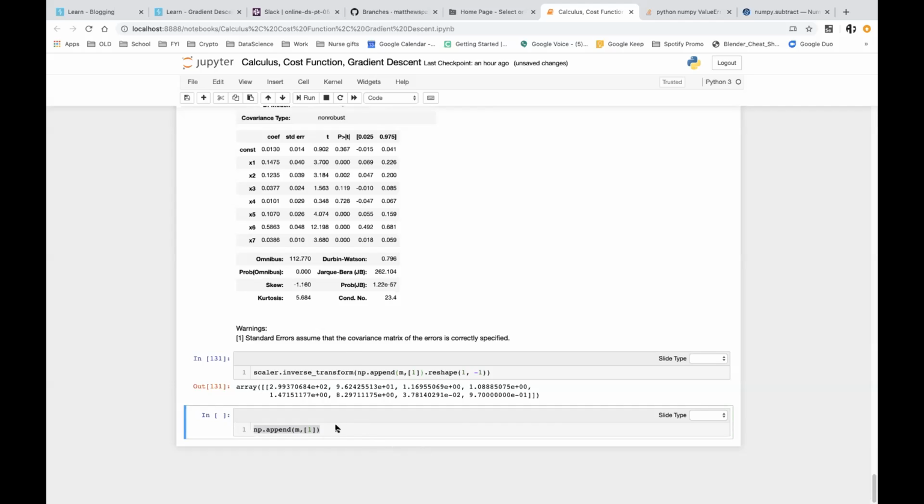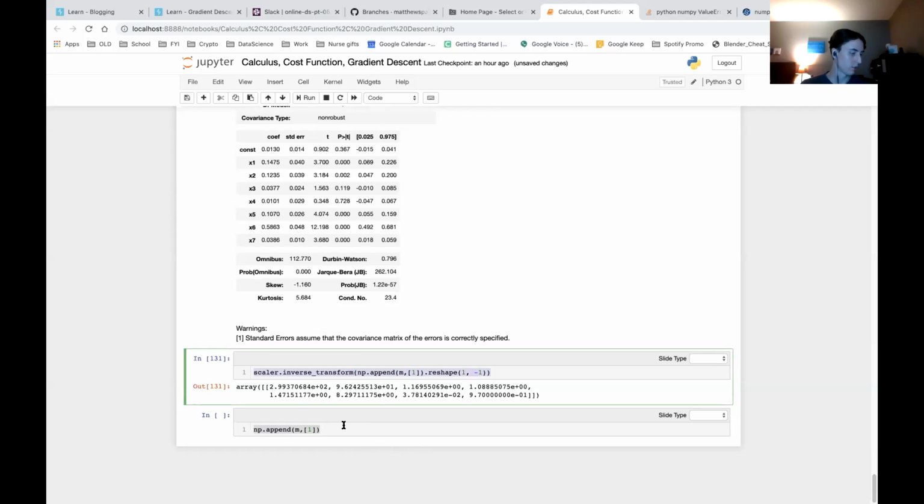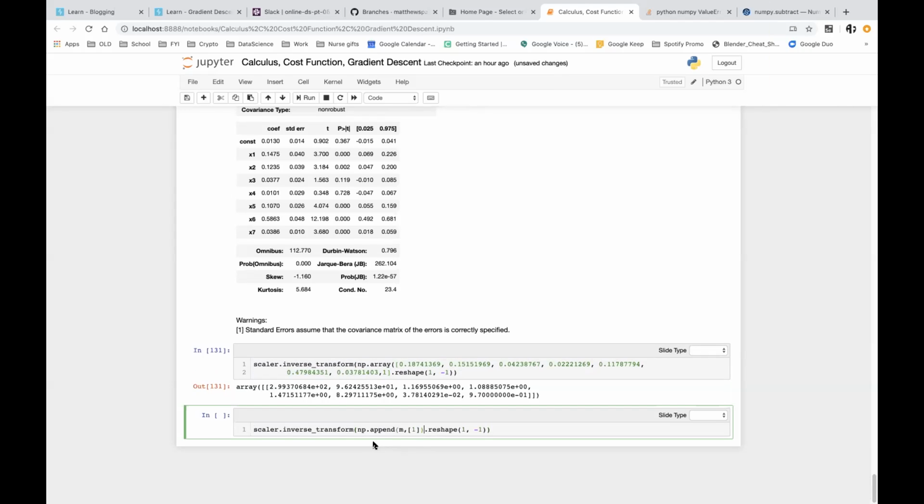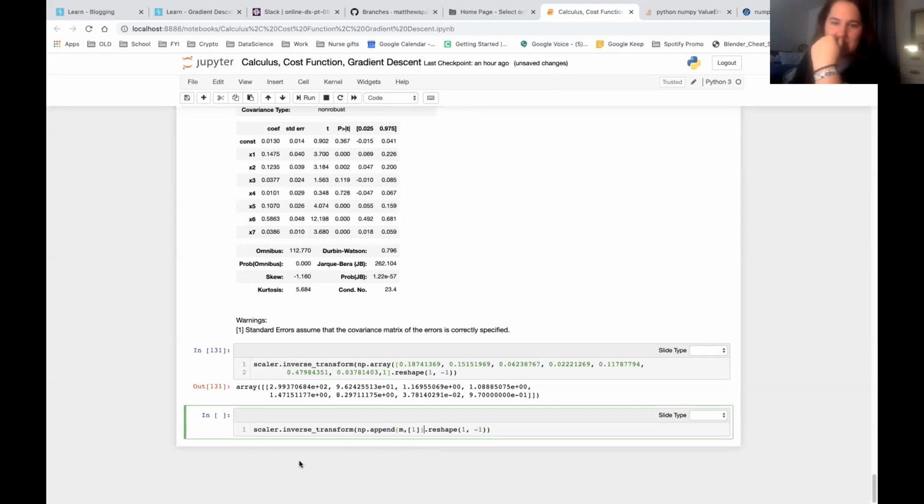There we go. So that's how you would do it. I put a bracket around 1. Yeah, still doesn't work for me. Yeah, mine's still broken. Let's see how your scalar is set up, Jacob.